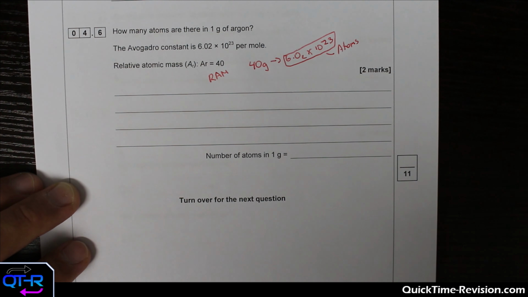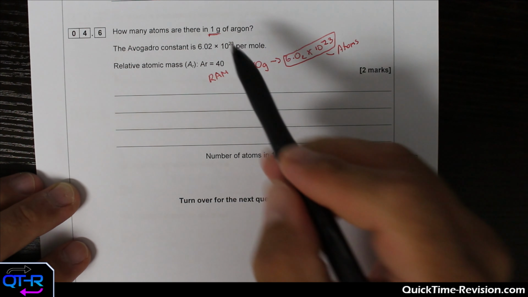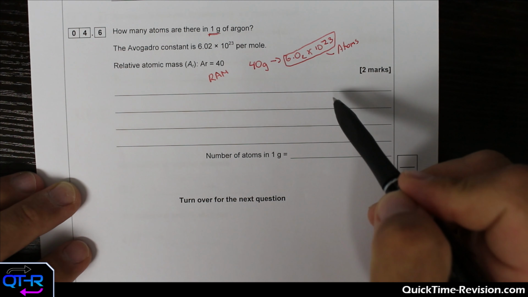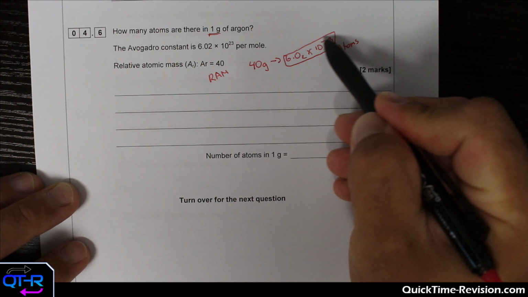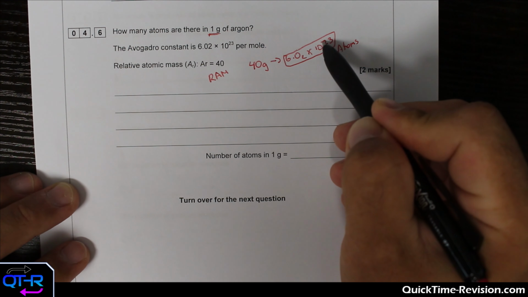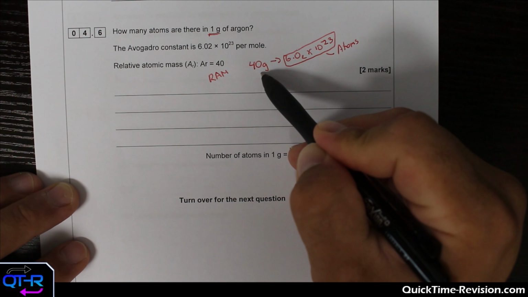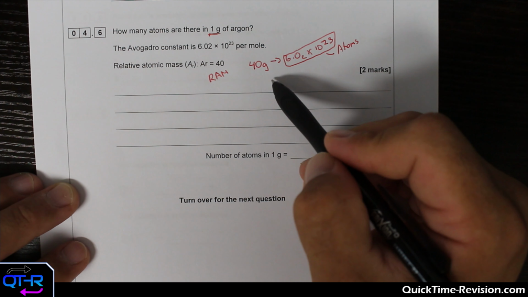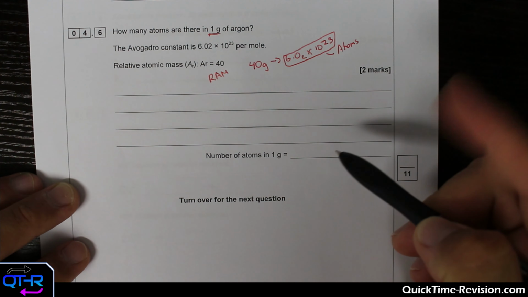But this question is asking about 1 gram of argon, so how many atoms would I have there? All you're doing is taking those 6.02 times 10 to the power of 23 atoms and dividing by 40, and whatever you get is what you're going to have in just 1 gram of them.